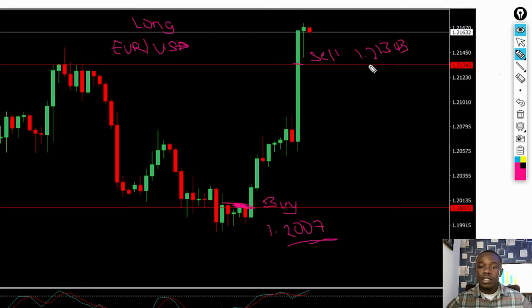This range is the amount of pips we were able to capture.